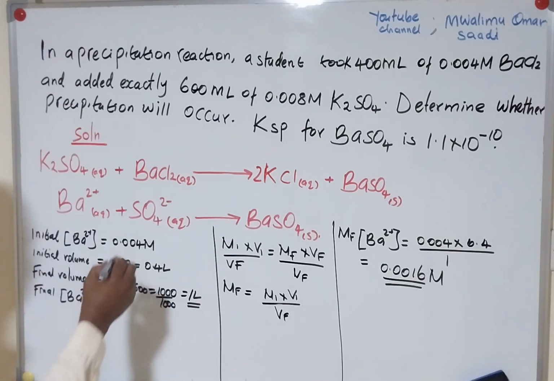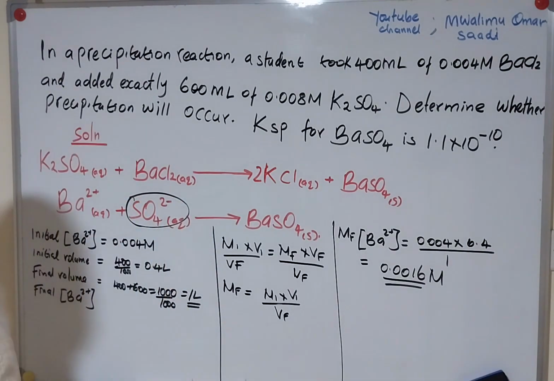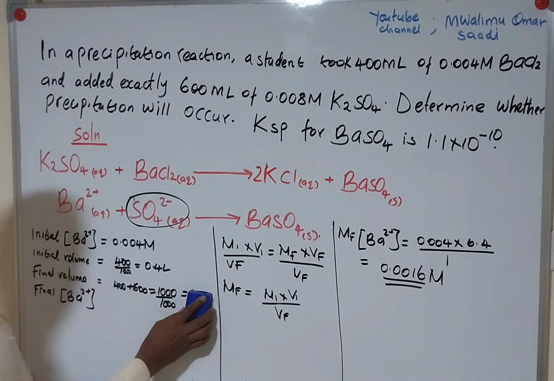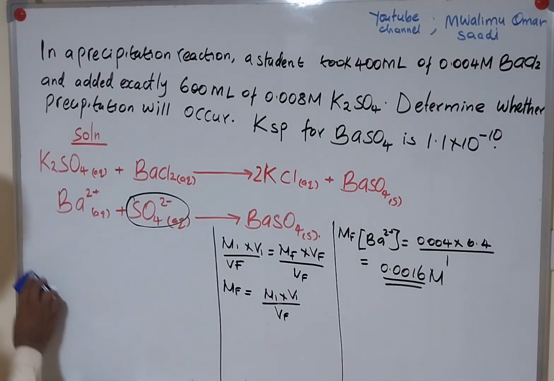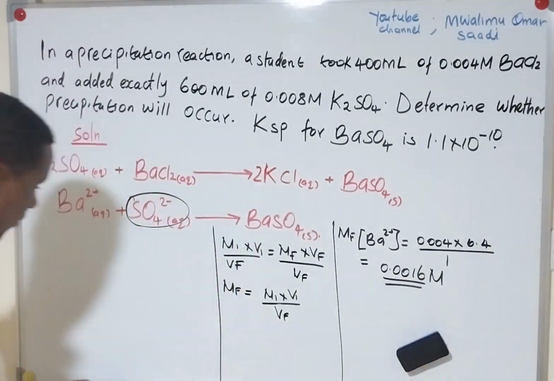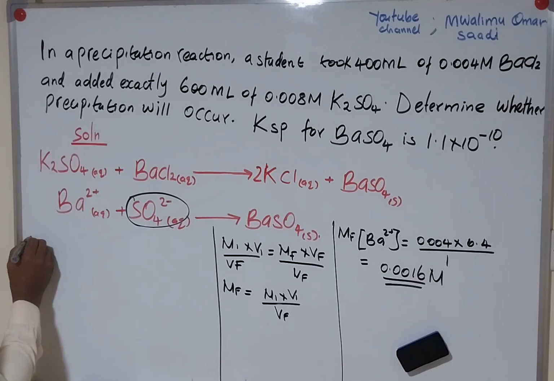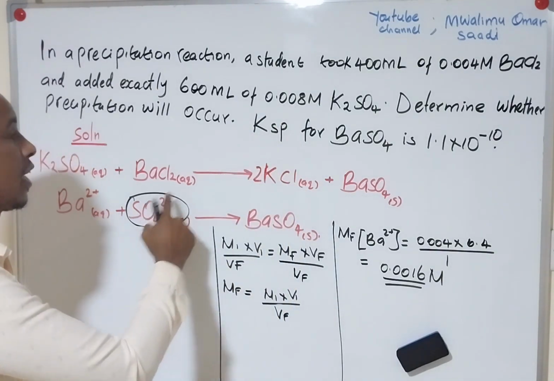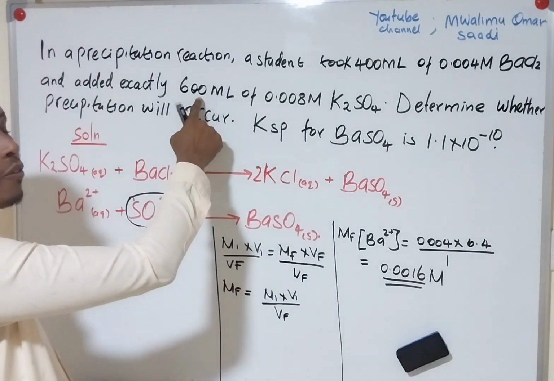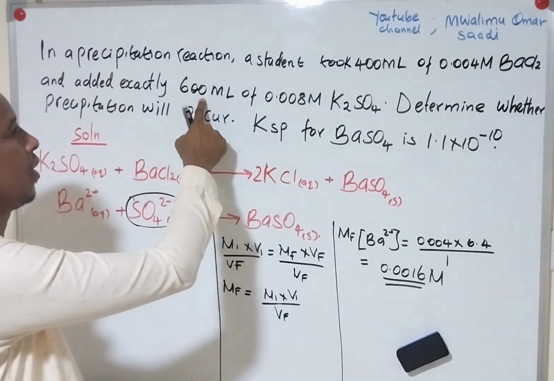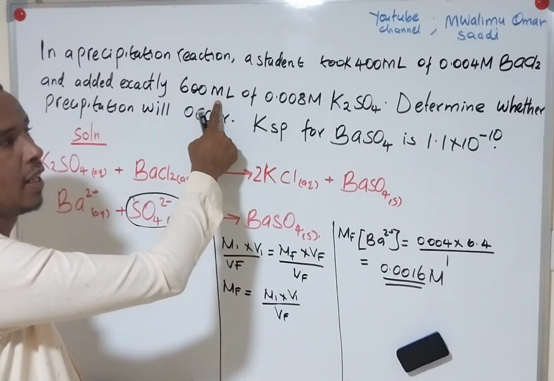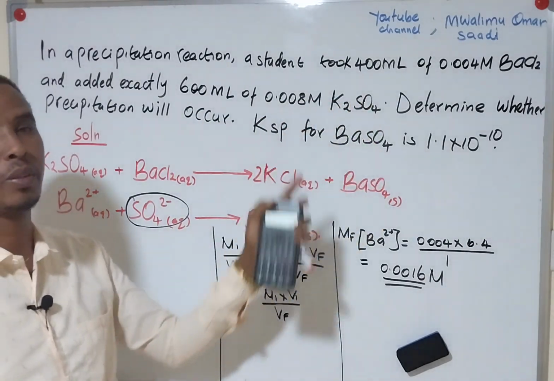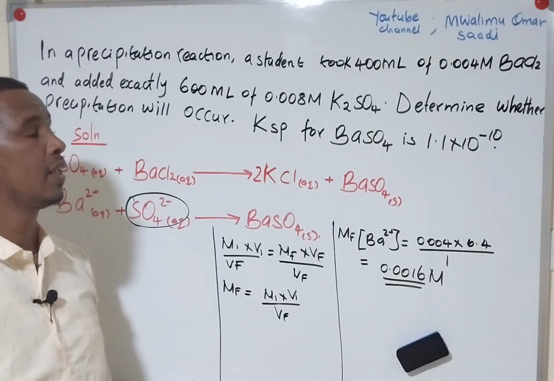Again, we need to identify the final concentration of sulfate ion. We have got the initial concentration of sulfate ion, 0.008 molar, the initial volume of sulfate ion, which is 600 ml, and the final volume, which is 600 plus 400, which gives us 1000 ml.